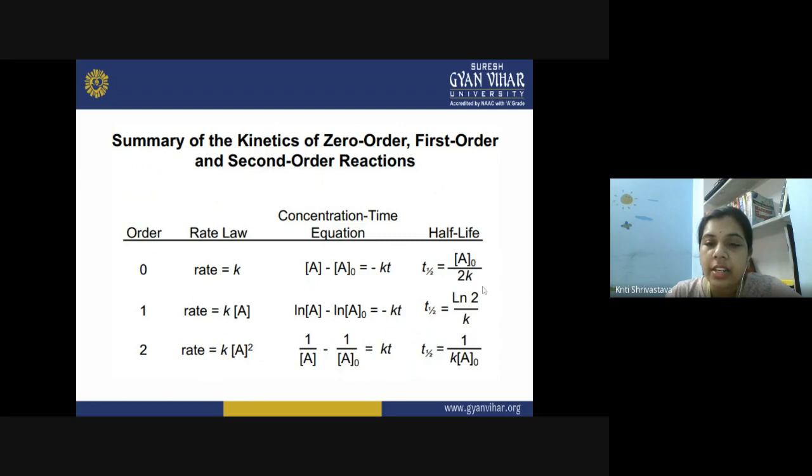Here the concentration term is not included, and we know that the half-life of a first order reaction does not depend upon the initial concentration of reactant. For the second order reaction, t half is equal to 1 upon k A naught. So here the half-life is inversely proportional to the initial concentration of reactant.